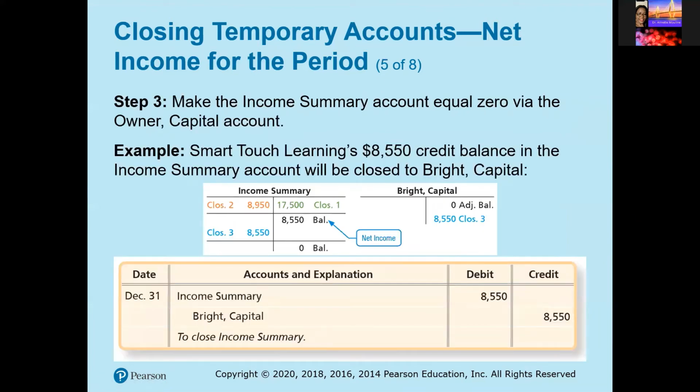By debiting income summary for that amount, the $8,550, and crediting Bright Capital for that same amount, we have effectively updated the Bright Capital account for the amount of the net income earned by Smart Touch Learning during the year.